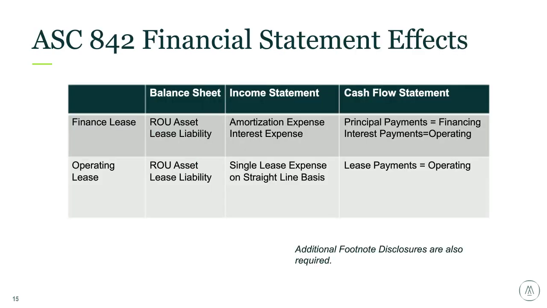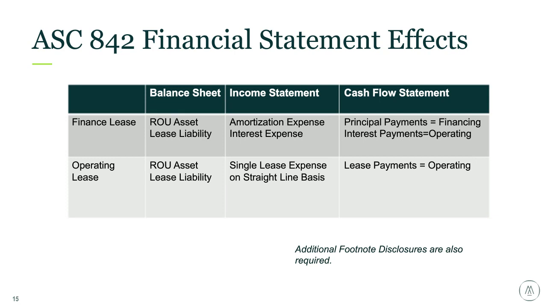This next slide just gives you a graph of what I just said. So financing leases and operating leases on your balance sheet, same treatment. Right-of-use asset, you record the lease expense. On your income statement for financing leases, you record amortization expense and interest expense on 2 different line items. For operating leases, you have a single lease expense on a straight line basis.